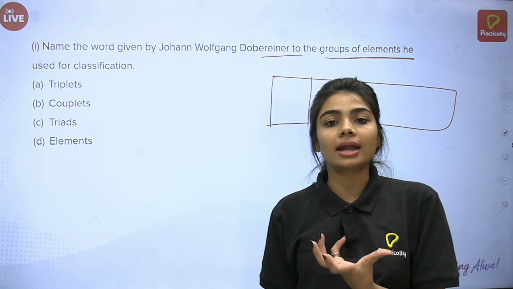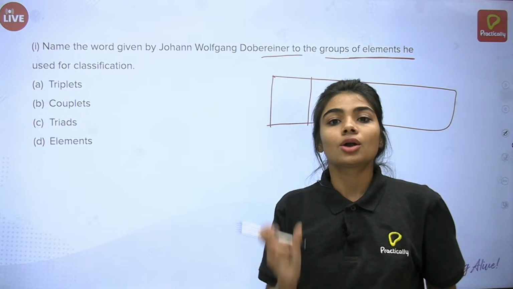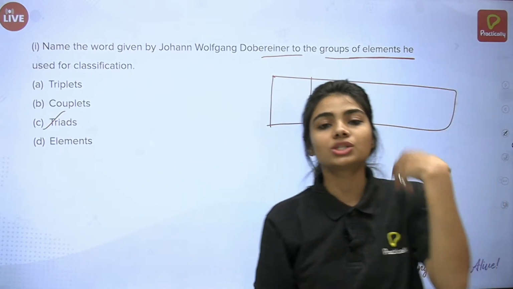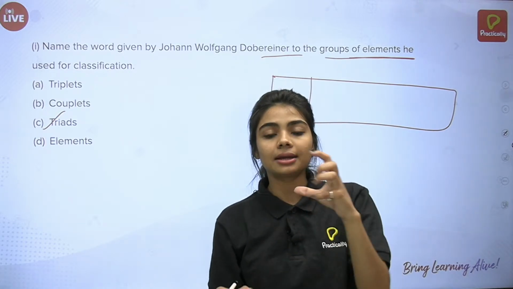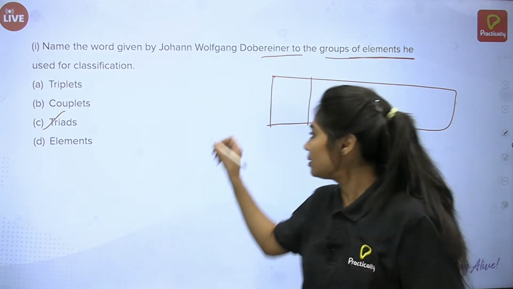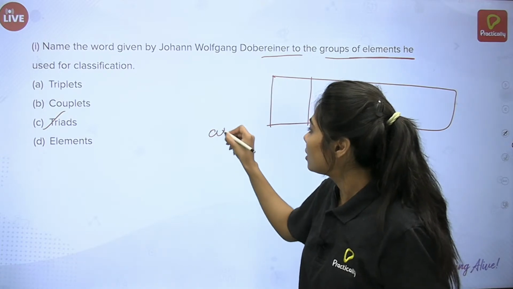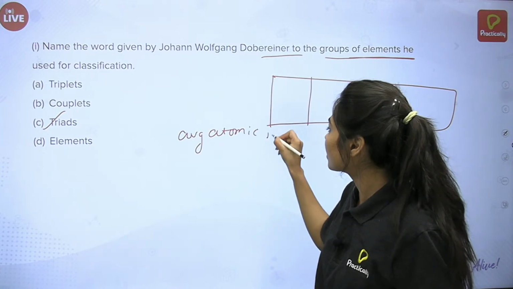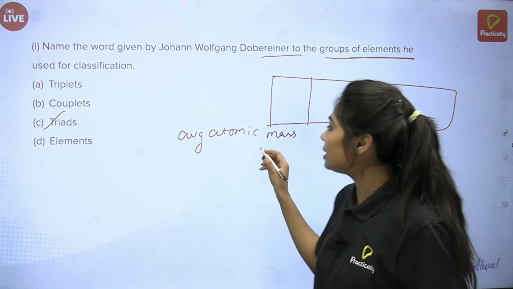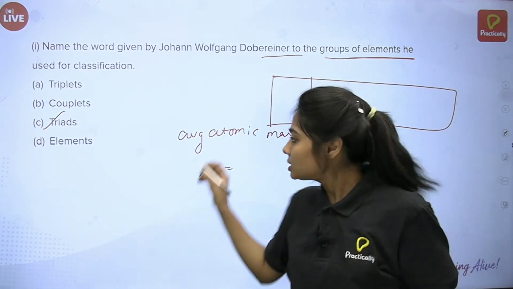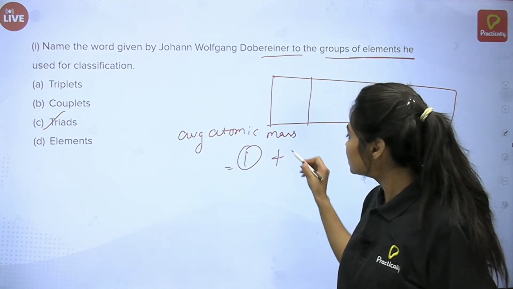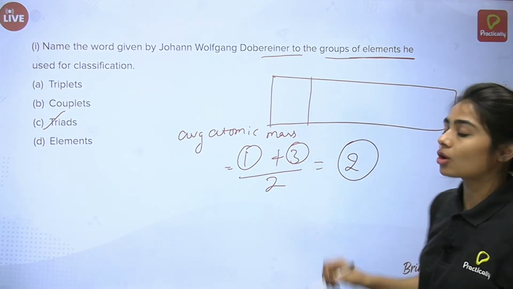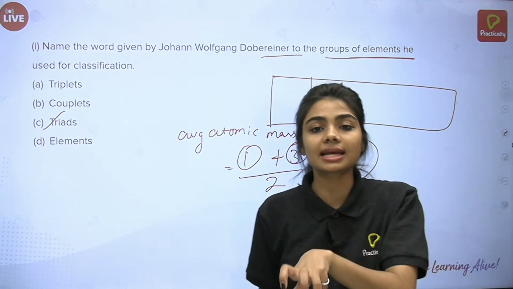So we know that the name of that law is Dobereiner's triad, because he took 3 elements having the same properties, and if we take the average atomic mass of the first plus third, divided by 2, it will give the atomic mass of the middle element, that is, the second element.